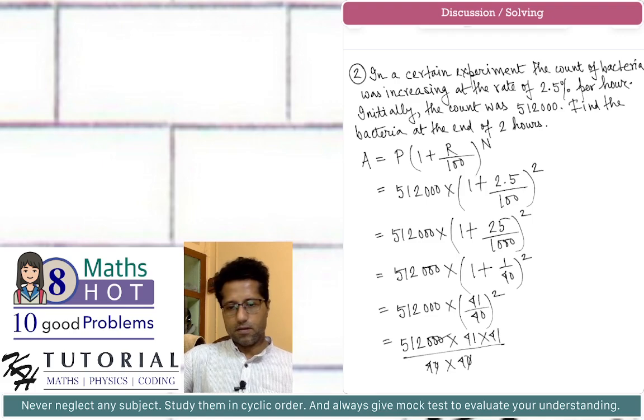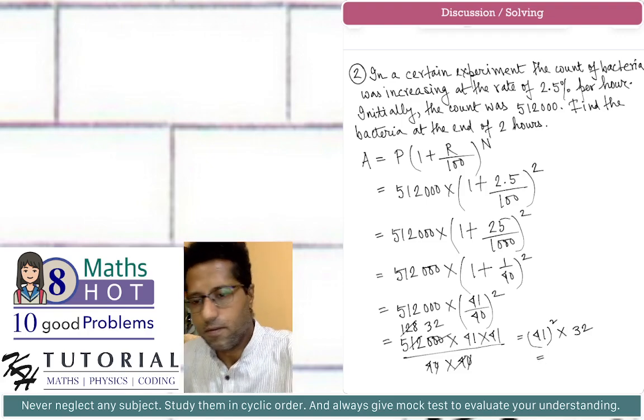Let's divide by 4. 512 becomes 128, and 4 again divides 128 to give 32. So this is equal to 41 squared multiplied by 32, and to do the calculation I'm using a calculator.